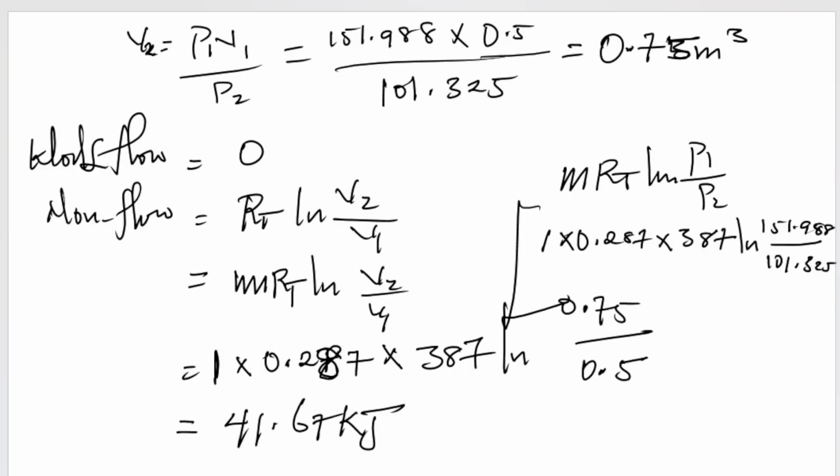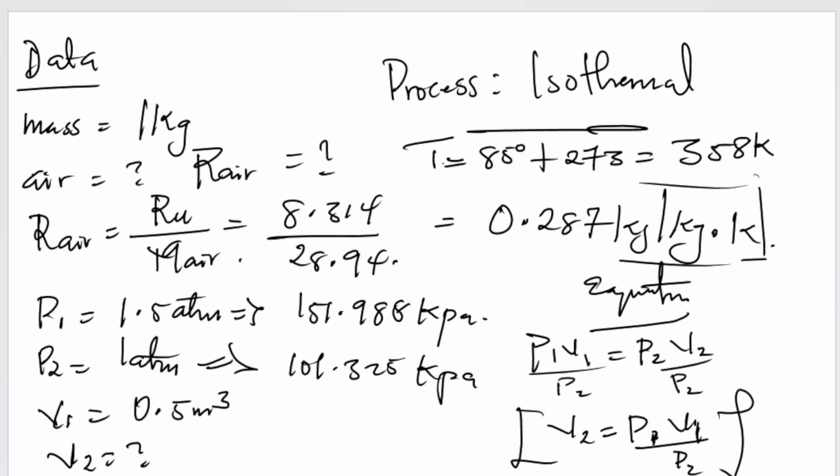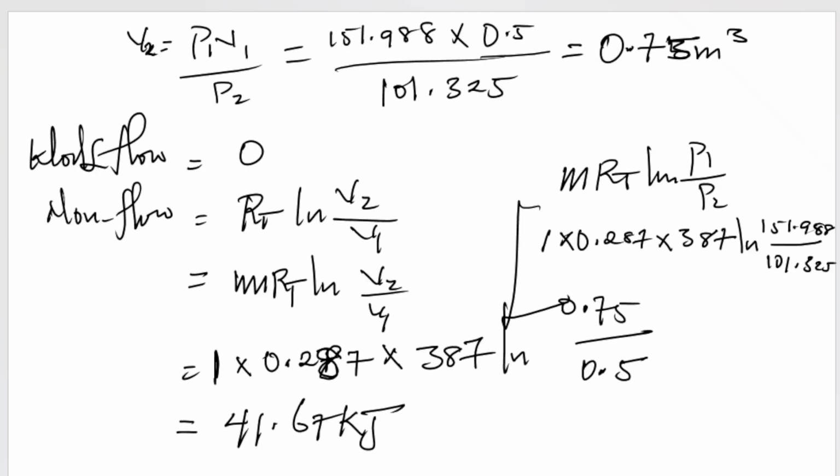So let's confirm those values. We're given the value for P1 to be 151, and we're given the value for P2 to be 101. Are we together? Now you input those values there and you punch your calculator. Let's see if you arrive at the same answer. So we still arrive at the same answer, which is 41.66 kilojoules.